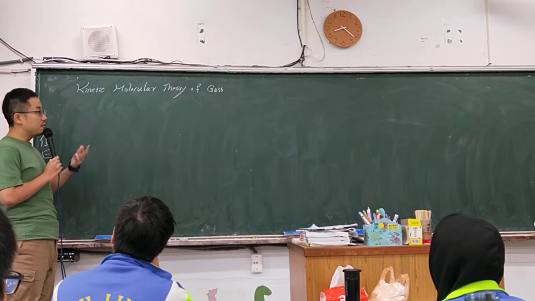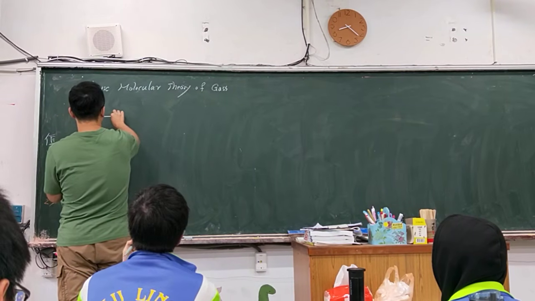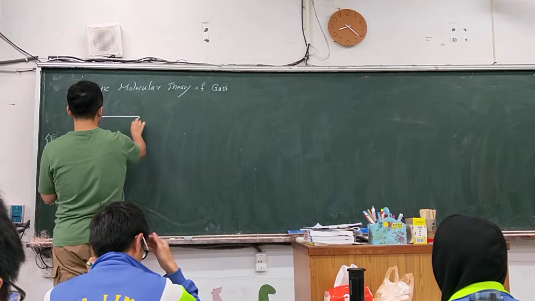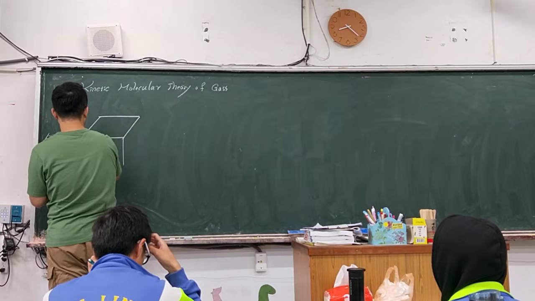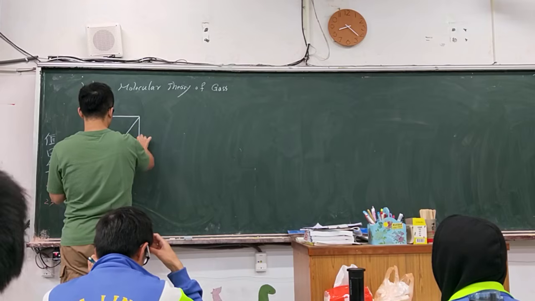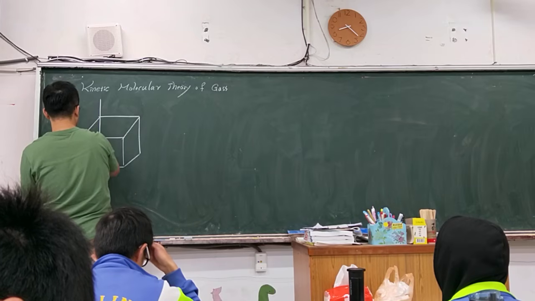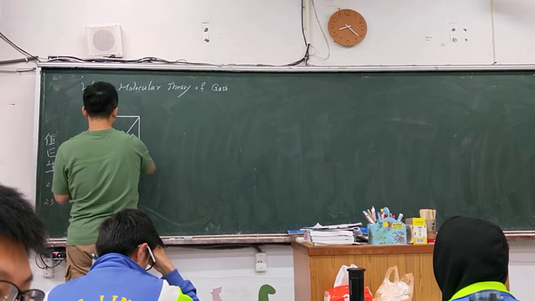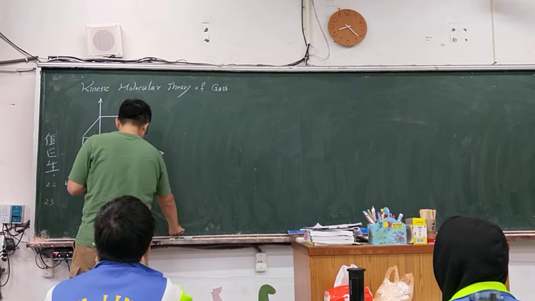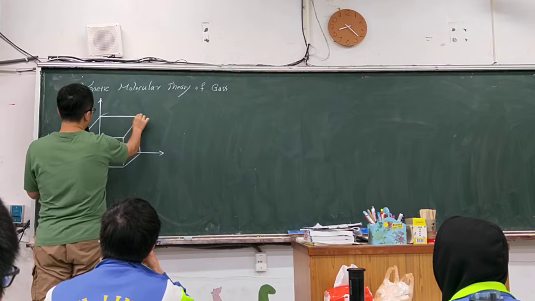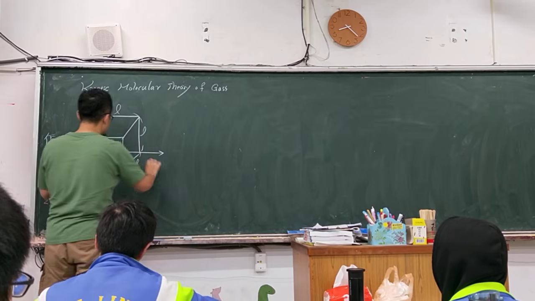Okay, so first let me prepare a cube, 3 dimensions. It will be easier for us to discuss the container, so I've prepared a cube, so the height, the length and the width are equal to each other, and that will be easier for us to talk.